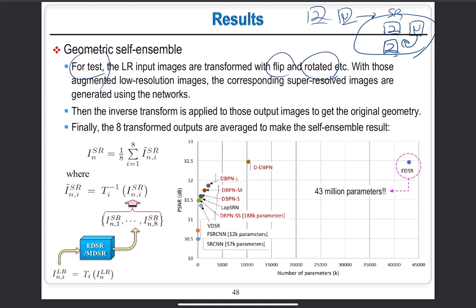This ensemble technique does not require any additional training, but boosts performance by leveraging image symmetry or redundancy. It's a novel and fancy way to squeeze more accuracy from a single model at test time.